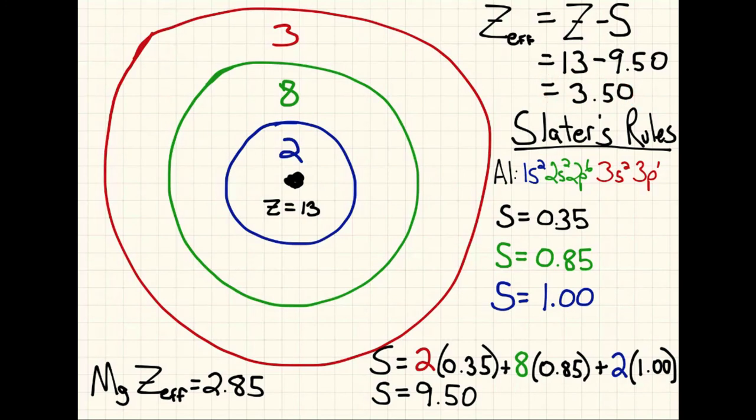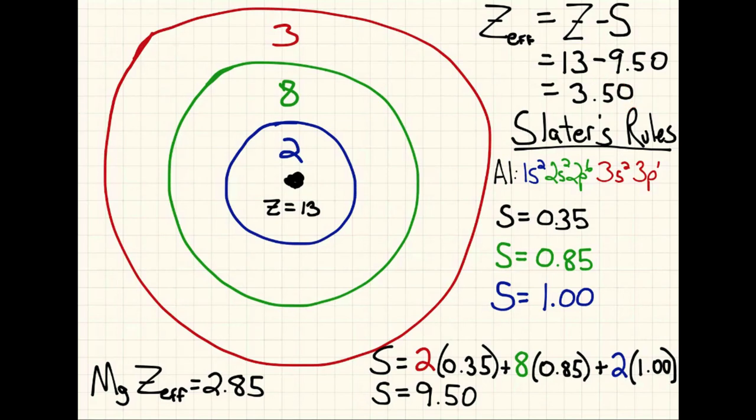Now let's take a look at this number. 3.50 is my new effective nuclear charge. I can compare that to the effective nuclear charge of magnesium. Now for a system that is relatively very similar, my outermost electrons in magnesium are only bound to the nucleus as though it had a charge of 2.85, whereas my outermost electrons in aluminum are bound to that nucleus as though it had a significantly larger charge of 3.50.